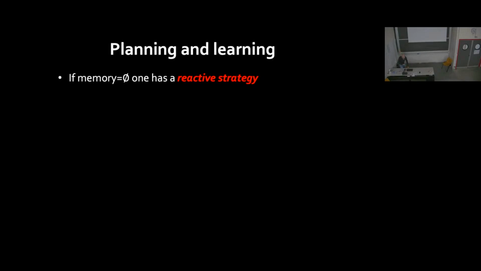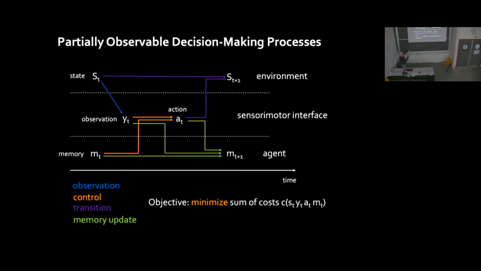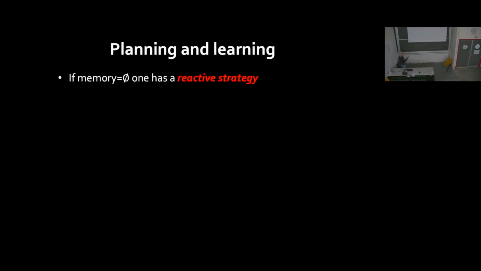If you look at this previous image, if the memory is void, you can only base your action on the current observation. And in this case, the strategy that the agent is taking is called reactive. So based on the current observation of the world, it reacts immediately and has no memory.